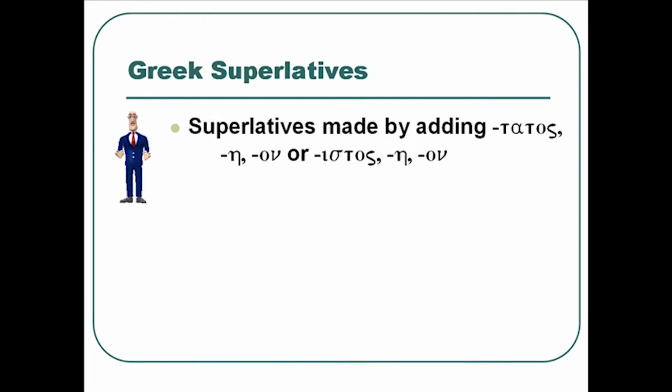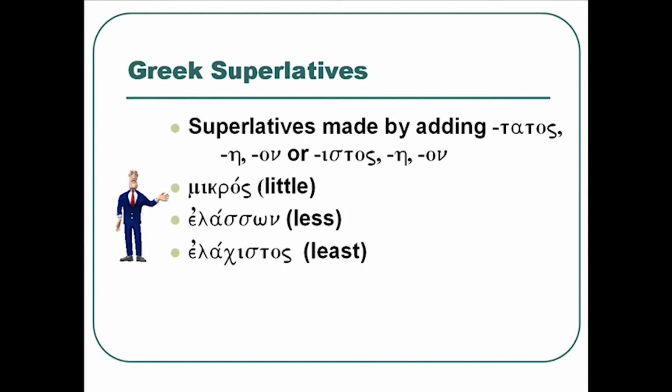Now for the Greek superlatives, they are often formed by putting a tatos on the end, tatos, eon, or an istos, eon, on the end. So we have mikros, little. To say less, we would say elasson. And to say least, we'd say elachistos.